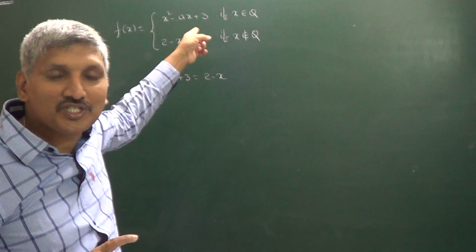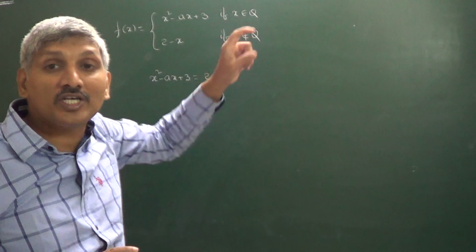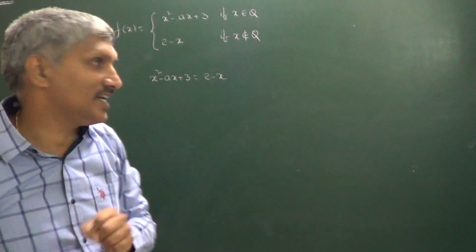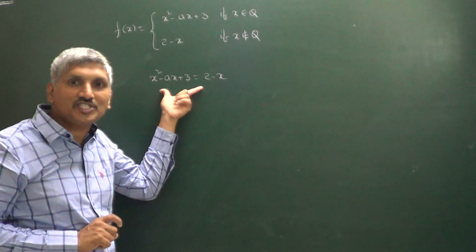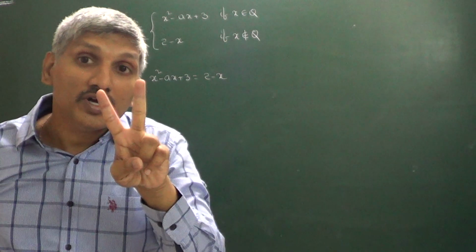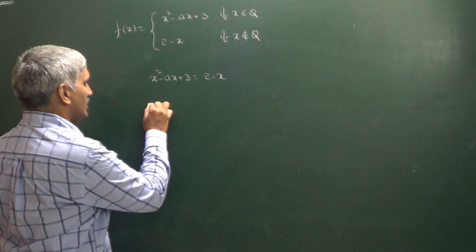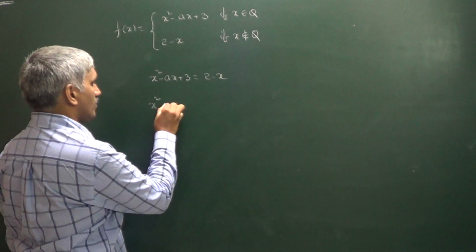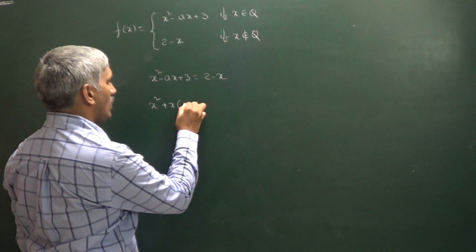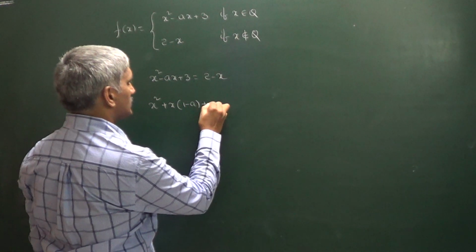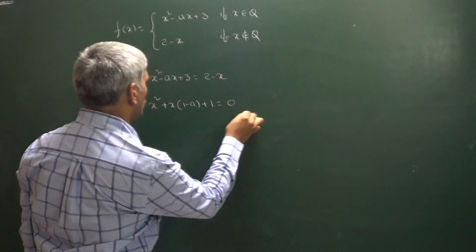But he is saying in the question the function is continuous exactly at 2 points. That means this quadratic equation must have two distinct real roots. So the quadratic equation is x square plus x into (1 minus a) plus 1 is equal to 0.